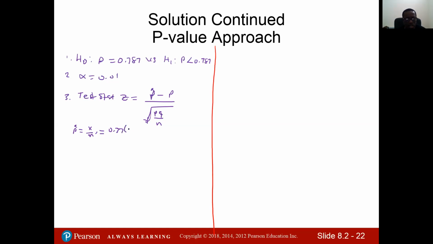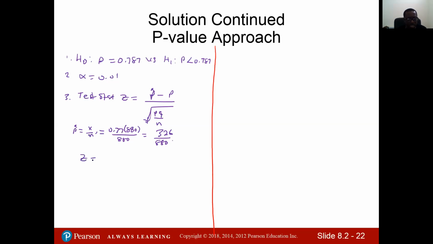But I want to use the same, so the numerator is going to be 326 over 880. I'm going to leave it like that.